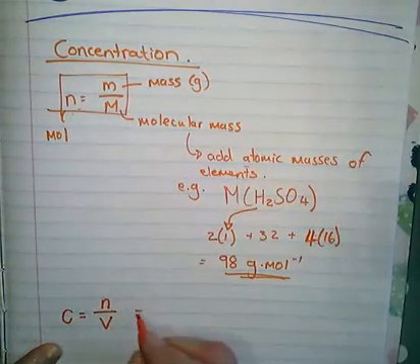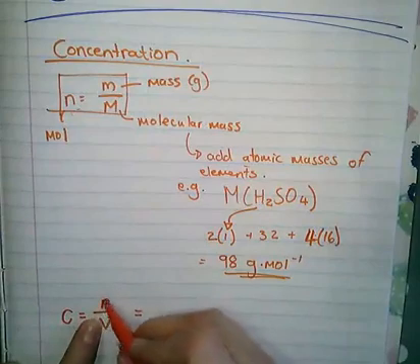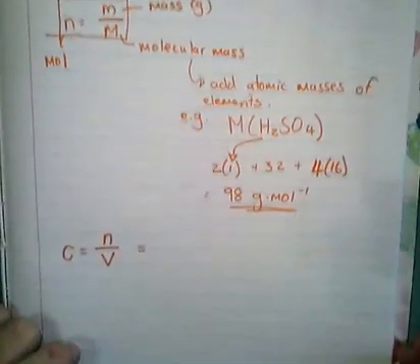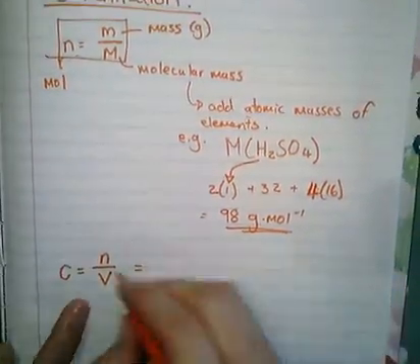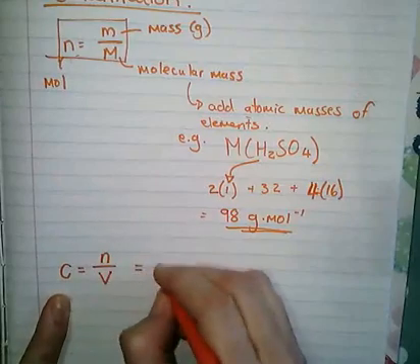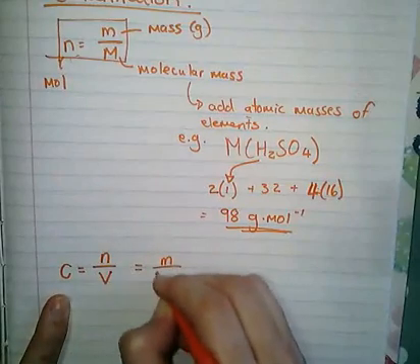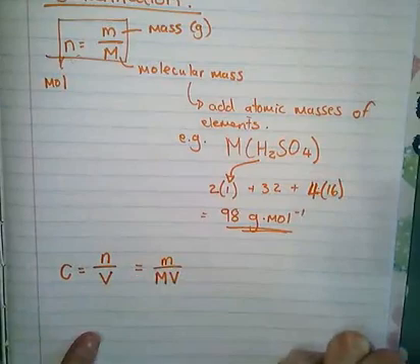Okay, where c is now the concentration of a solution, and that is measured in moles per cubic decimeters. When you write the unit, you have to write it like that.